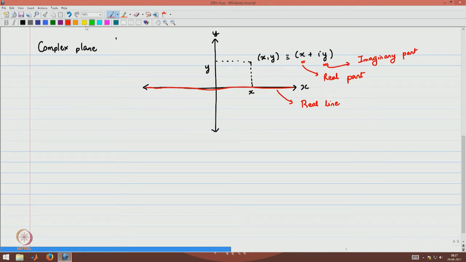On the other hand, if it lies along this line, then it will be purely imaginary, because the real part is 0. So this is the imaginary line. So these are two properties of complex numbers.